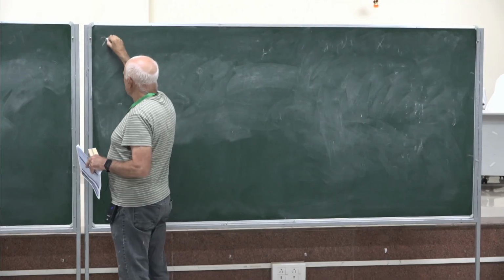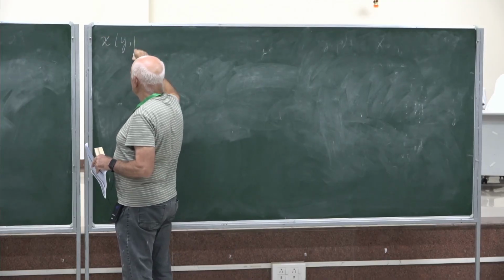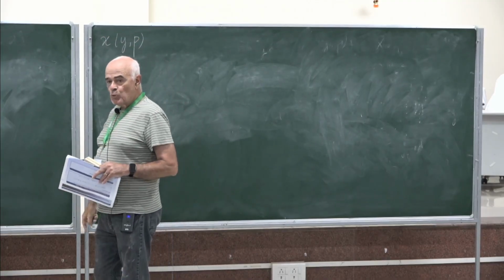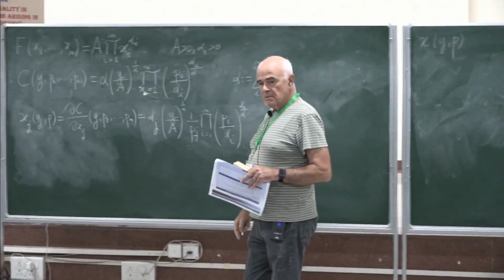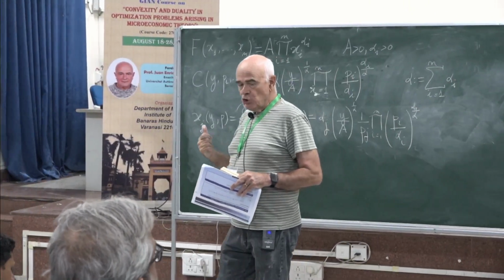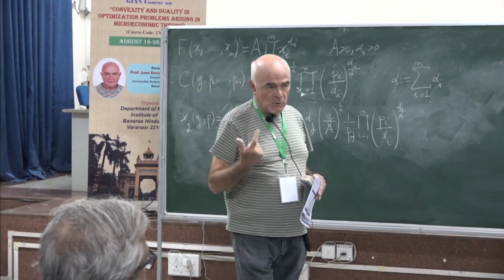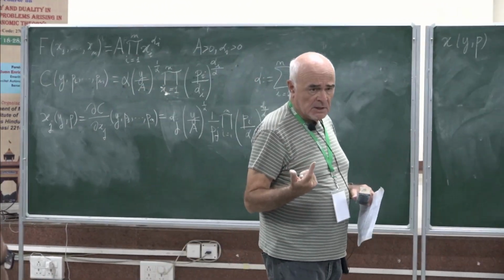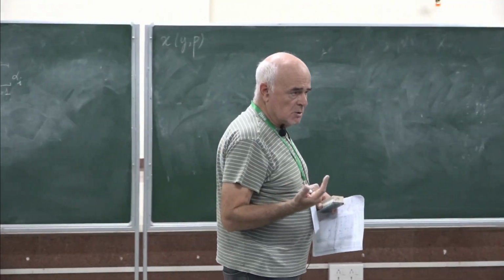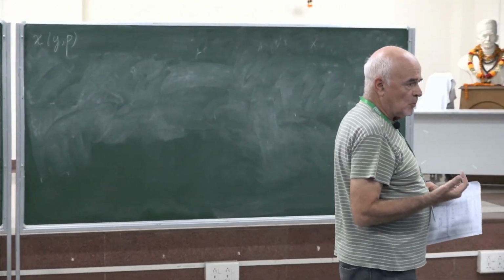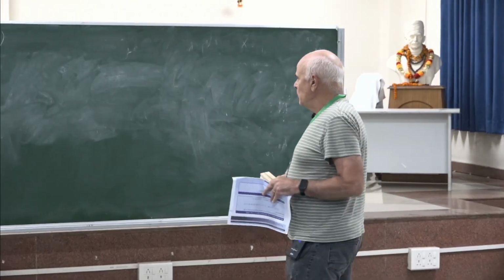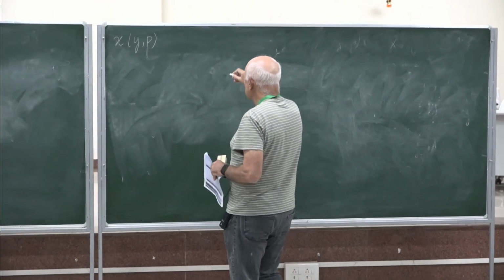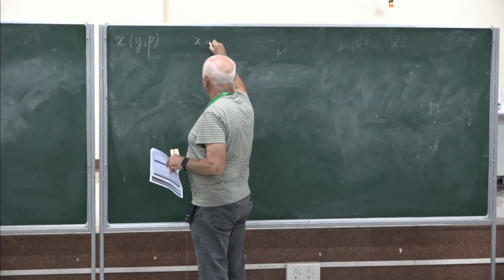So our assumption now is that little x is well defined, so the optimal solution set is a singleton. There is a unique optimal solution to the cost minimization problem. And we assume that this function, x, is differentiable.